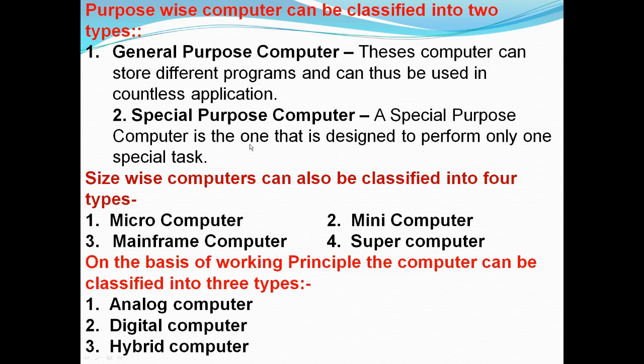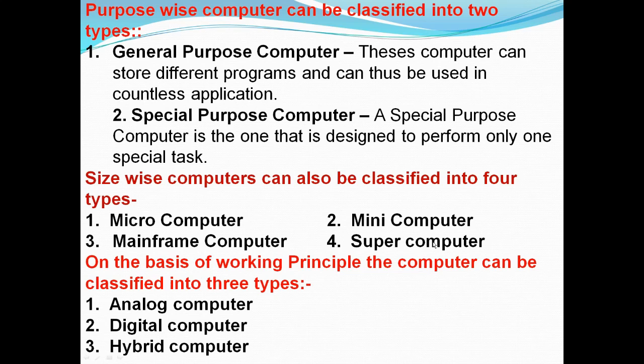Special purpose computers are designed to perform only one special task. So we can say general purpose computers are used for general use, but special purpose computers are designed to do a special task.